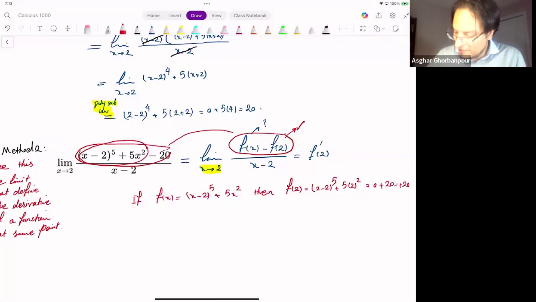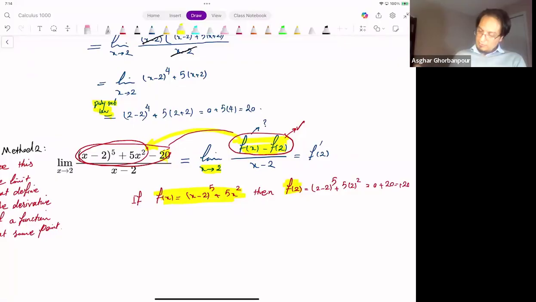So that is what we were looking for: a function such that f at x minus f at 2 is the whole numerator here. Specifically, f at 2 is 20. Once you understand what's going on, you do not need to do lots of work.